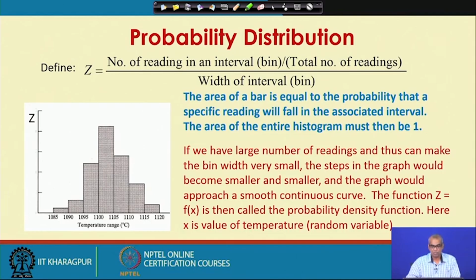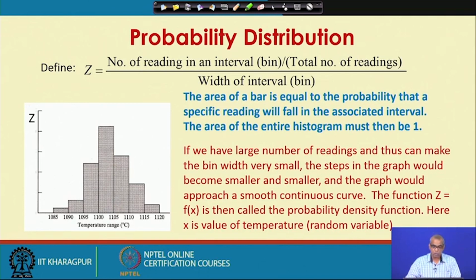What I mean is, if I really have a very large number of readings, then I can have very small intervals or very small size bins, and even then I can expect that the bins will have some finite number of readings in them. Under this situation, the steps in the graph would become smaller and smaller, and the graph would approach a smooth continuous curve in the limit of a very large number of readings.